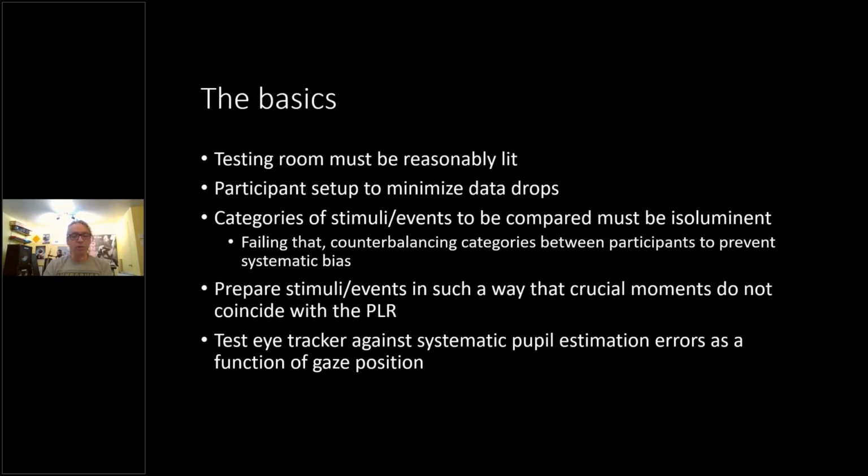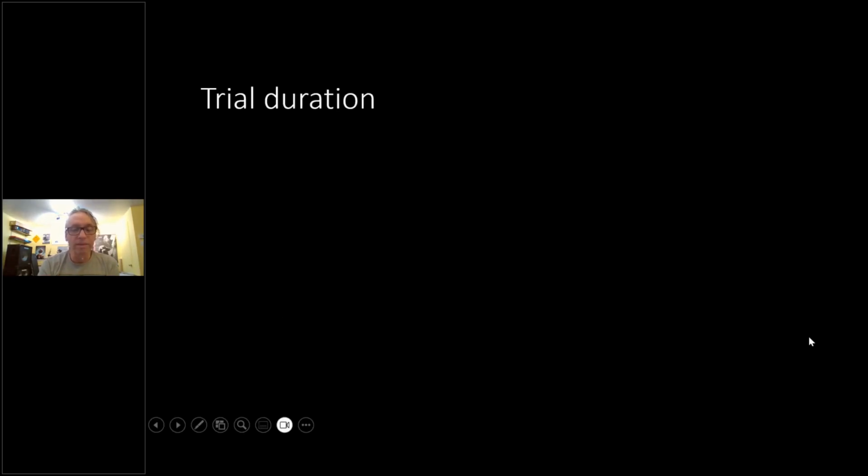And as much as you may hope so, you need to make sure that your eye tracker does not systematically overestimate or underestimate the size of the pupil at different locations on the screen or the environment if you're doing environment-based eye tracking.